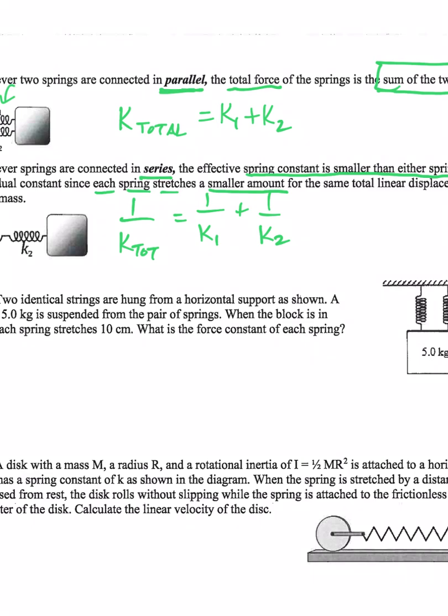It makes sense if you think about it. Springs in series are less stiff. Springs in parallel, more stiff. Springs in series, less stiff overall. Okay? Totally makes sense if you get it.